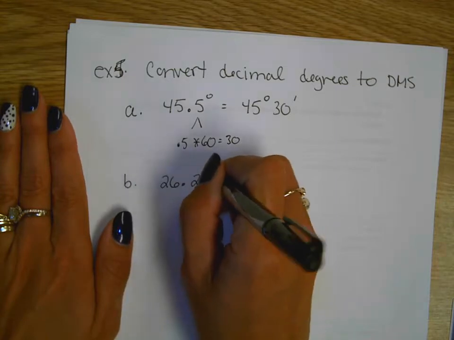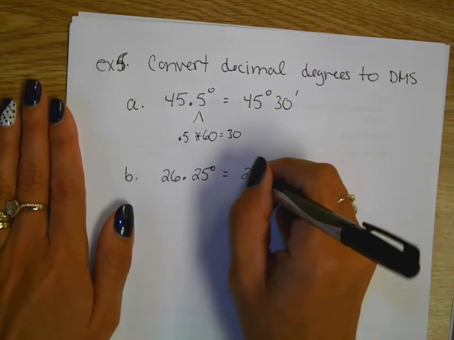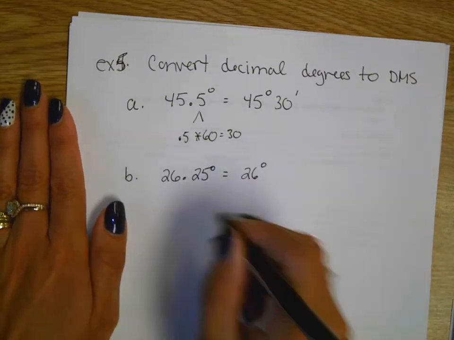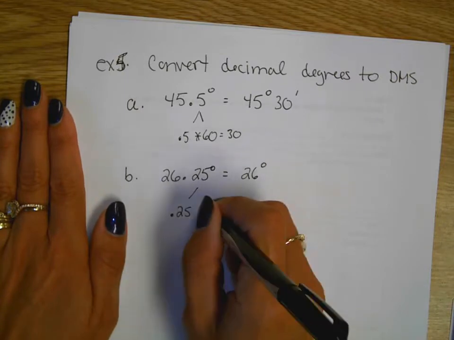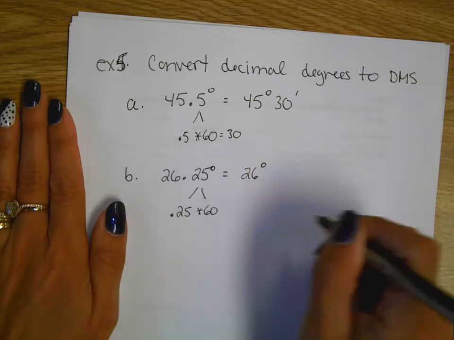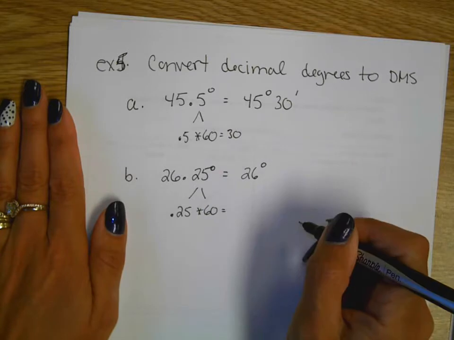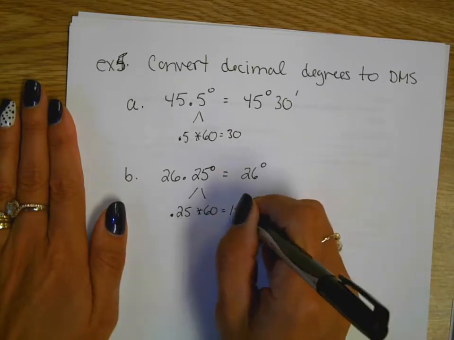26.25 degrees. So again, you know your degrees are 26 degrees. And now I've got 0.25. I just have to multiply that by 60 to see what a quarter of 60 is going to turn out to be. 15.